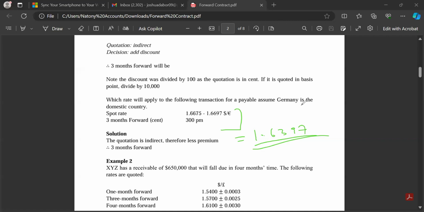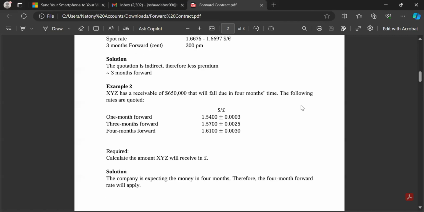Example, let's look at the second example there. I did something like this in the introductory lecture. How do you adjust your spot rates using the plus or the minus sign?